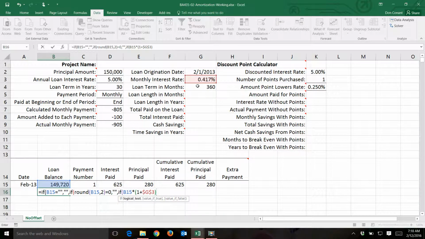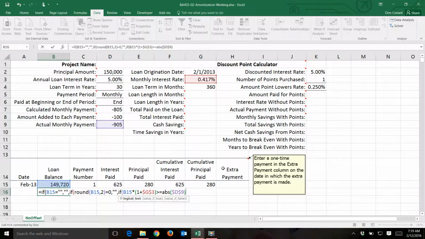And then we need to check to see if it's greater than or equal to the absolute value of D9, which is the amount that we're paying each month, then we want to go ahead and apply a payment.